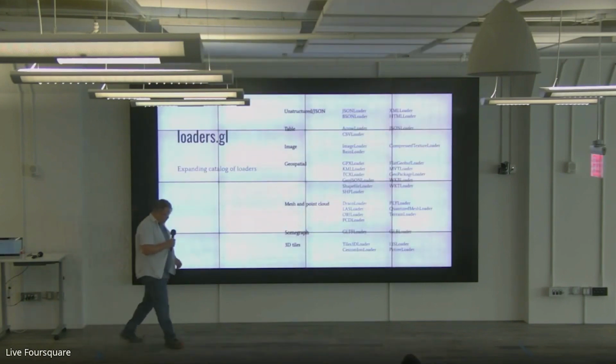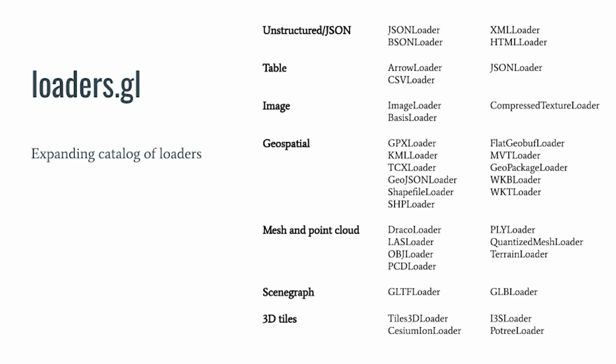I mentioned that the idea of Loaders.gl is to have a catalog of loaders, and this has kept growing. We have tabular loaders that allow you to do streaming reads of very large tables.